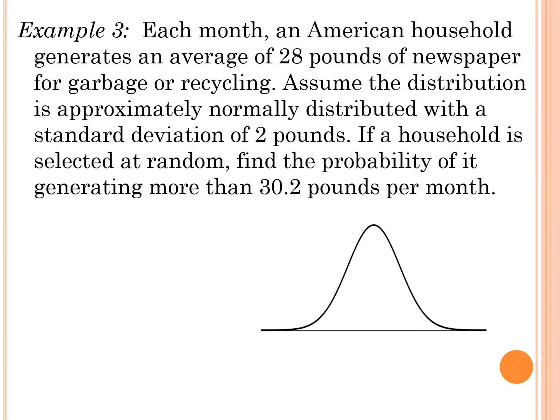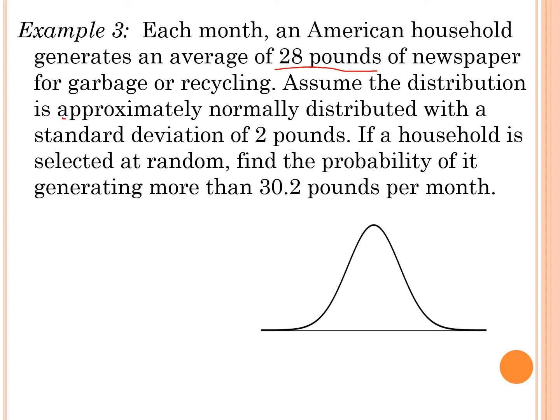So what's the point of all this? This bell-shaped curve, the normal distribution, occurs naturally all around us all the time. So when we're told that we have a normal distribution with a certain mean and a certain standard deviation, we can find the probability of any event in that distribution. For example, American households generate an average of 28 pounds of newspaper recycling.